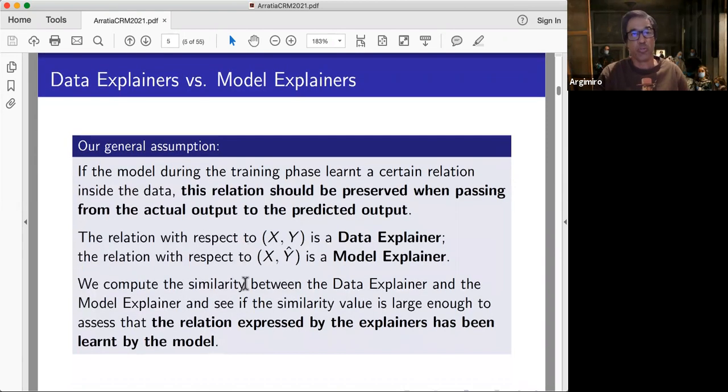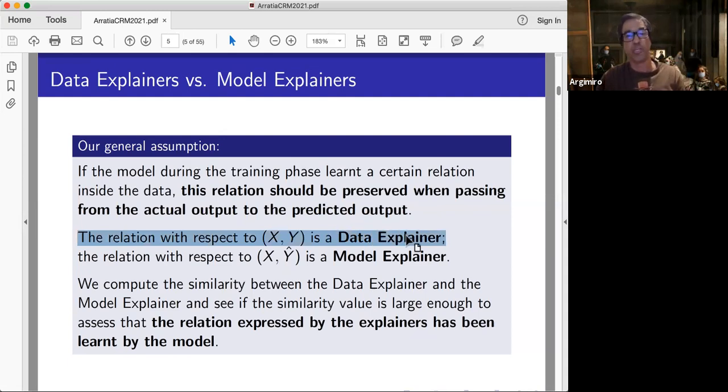Our rationale here is that if the model learns something from the inputs, then there should be a similarity between the relation between the inputs and the true output, as given by our data explainer measures.